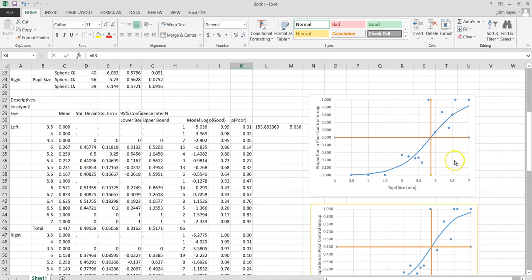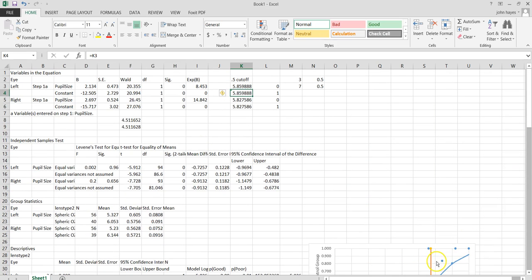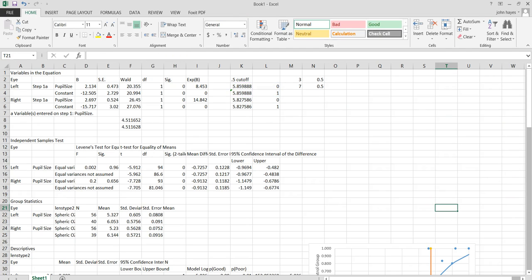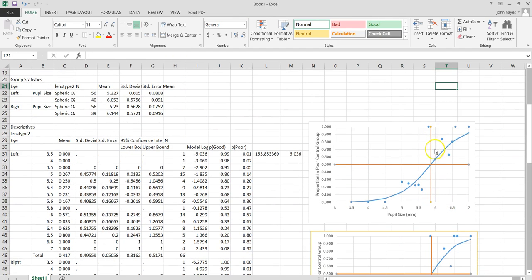You can see that's in there. And to plot that, I added this little trick up here. So that way I didn't have to draw in a line and then move it to where I thought was 5.86, but this gets it exactly right.